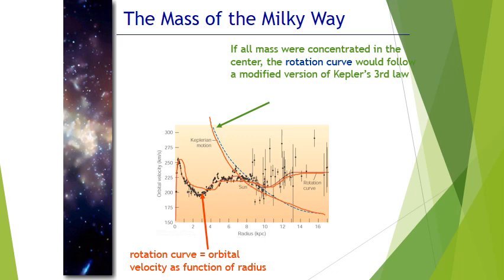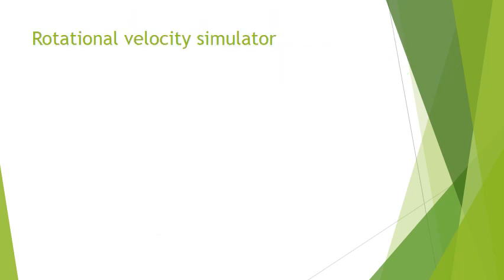So it turns out that stars in the Milky Way galaxy do not behave according to what Kepler would expect, and that means that there must be something else going on. There must be some sort of other gravitational force apart from just the gravitational attraction of the center of the galaxy at play here. There must be matter that we have a hard time detecting, which is influencing the orbital velocity of stars. And it turns out this winds up being dark matter, which we'll have more to say about in the next module.